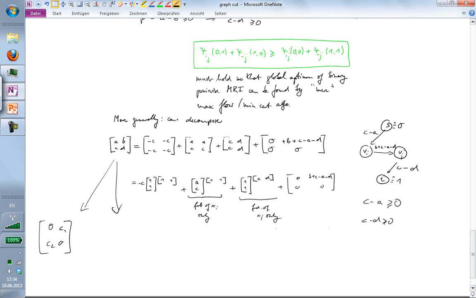And I can always turn this into some other C3 and C4, 0, 0, if the problem was supermodular. This transformation is always possible.